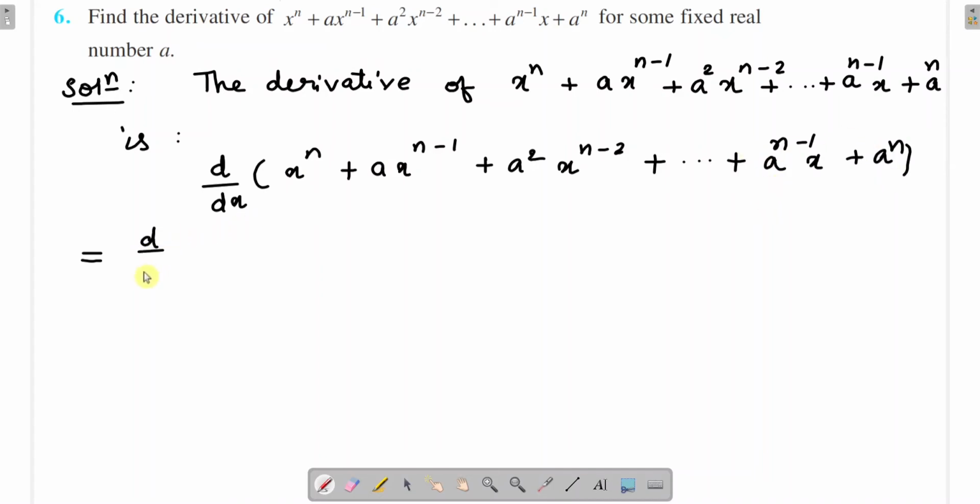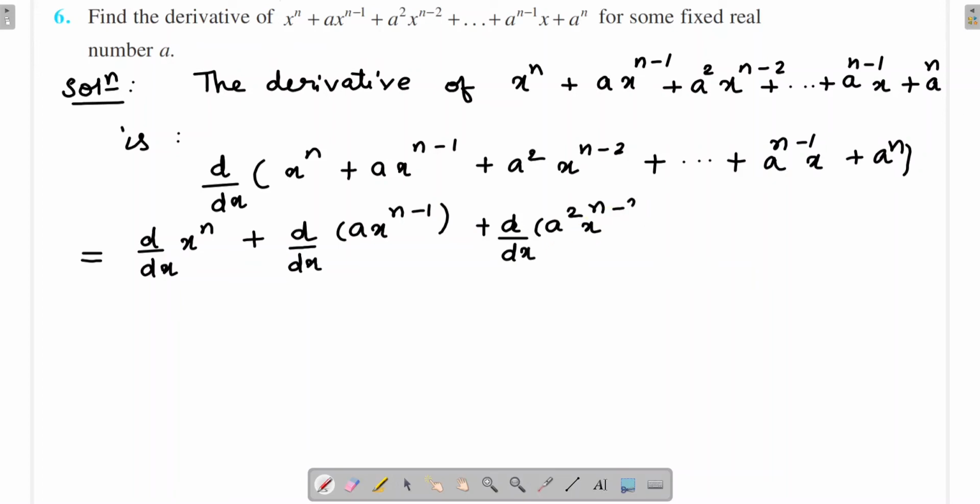So d by dx of x raised to n plus d by dx of a times x raised to n minus 1 plus d by dx of a square x raised to n minus 2, okay, plus and so on, derivative of a raised to n minus 1 x and plus derivative of a raised to n.